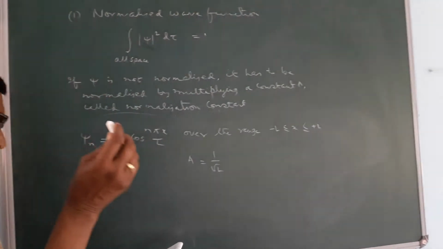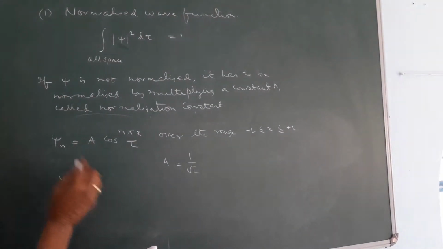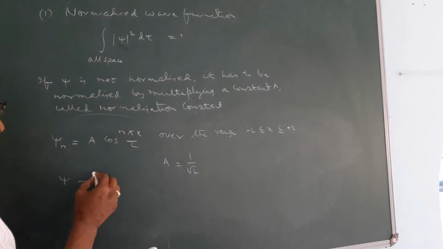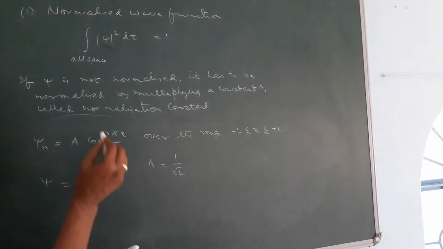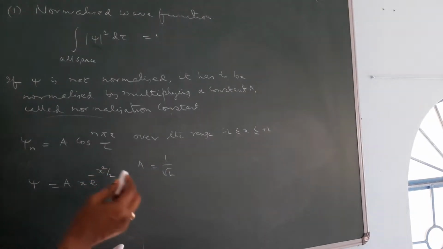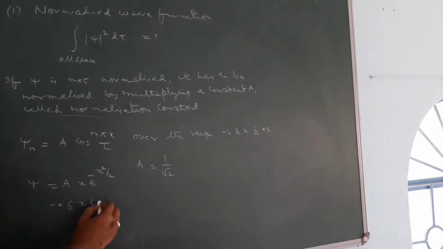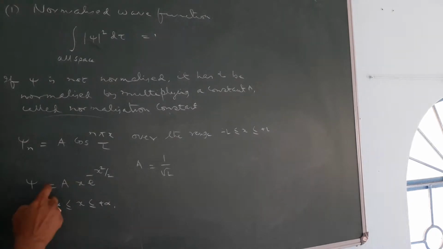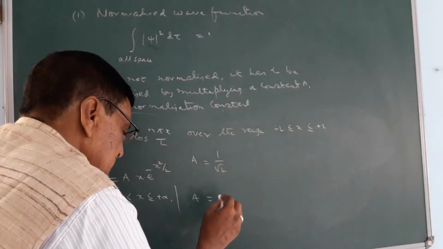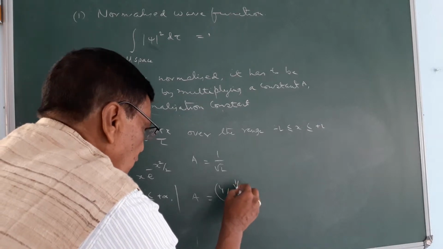Another example is a system having the wave function psi n equal to A times e to the power minus x squared by 2, within the range x varying from minus infinity to plus infinity. If we do the same way, the normalization constant is found to be 1 by pi to the power 1 by 4.